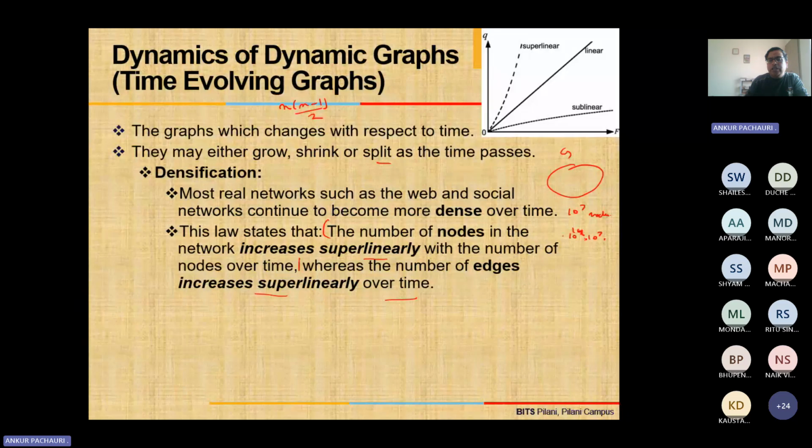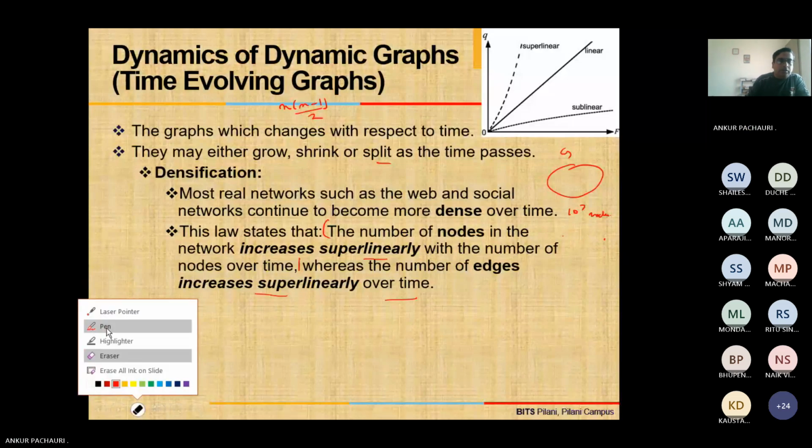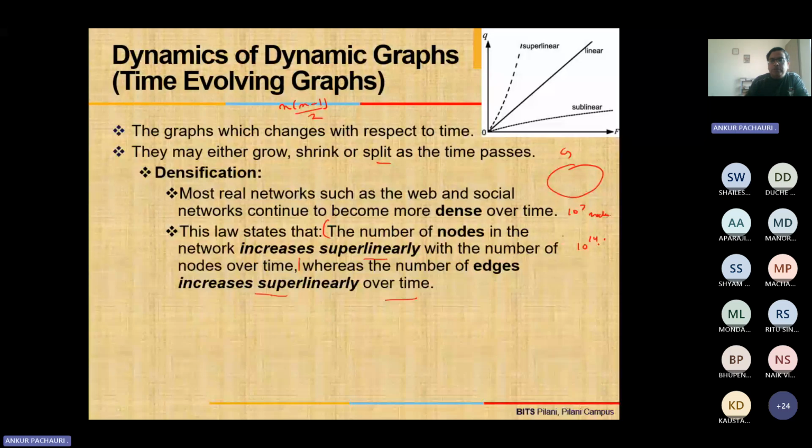So 10 to the power 14 minus 1 by 2 will be the total number of edges in the graph.